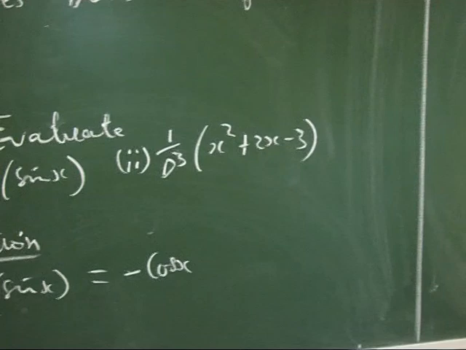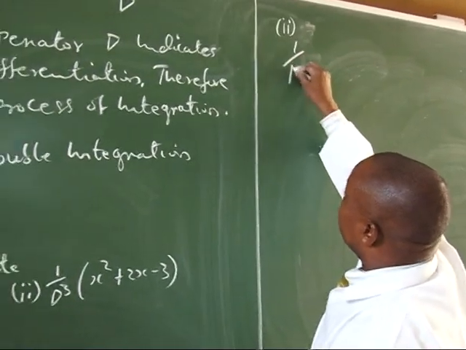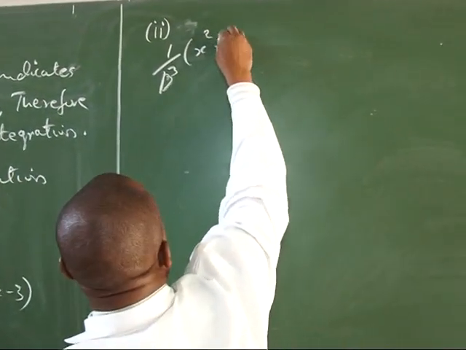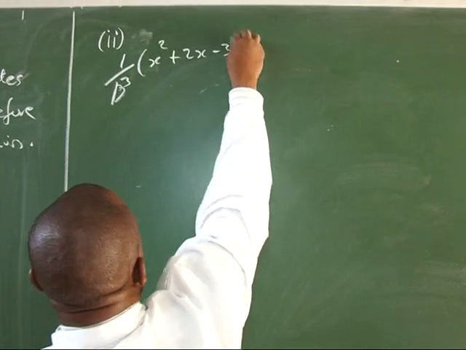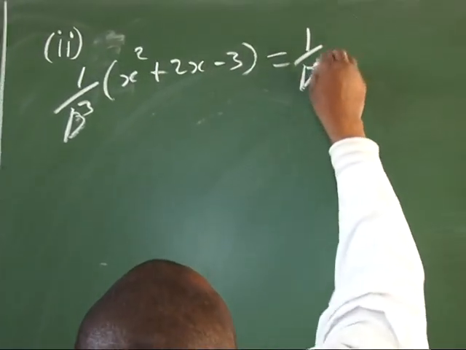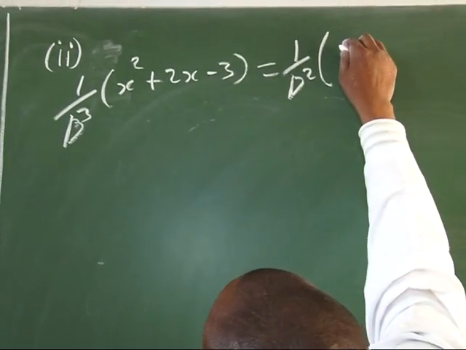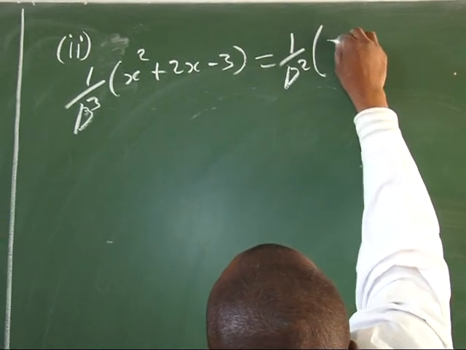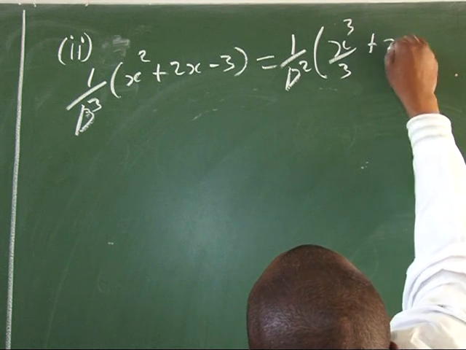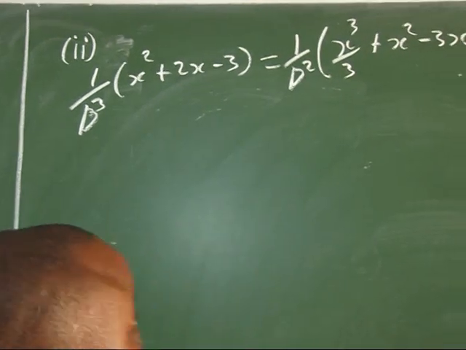Now, for the second, we have 1 over D cubed of x squared plus 2x minus 3. We will have 1 over D squared, then we have x cubed all over 3 plus x squared minus 3x. So I have integrated the first time.